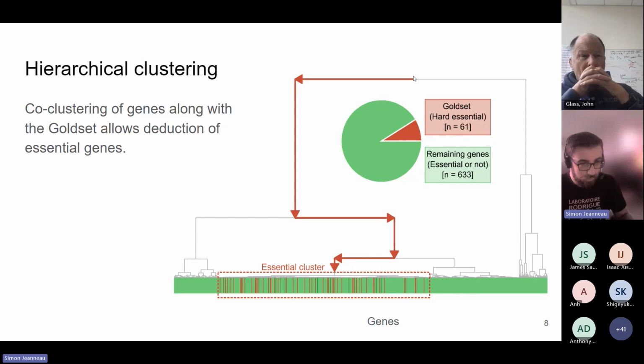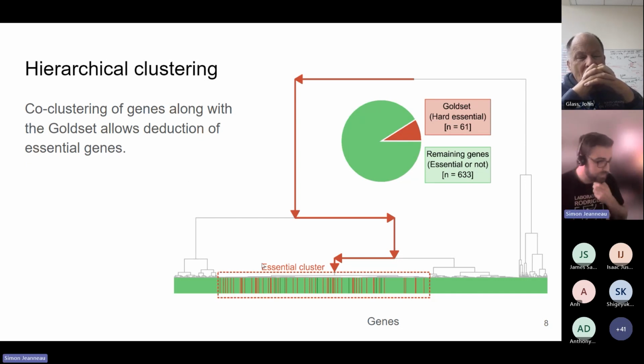But when we go down the tree, we try to find the cluster where we still have the gold set within it, but when we go lower into another branch, we lose the gold set, so we stop there. And all the genes that are in these clusters with the gold set are deemed essential.